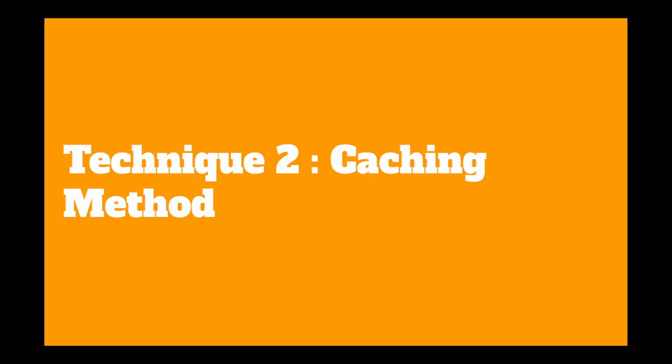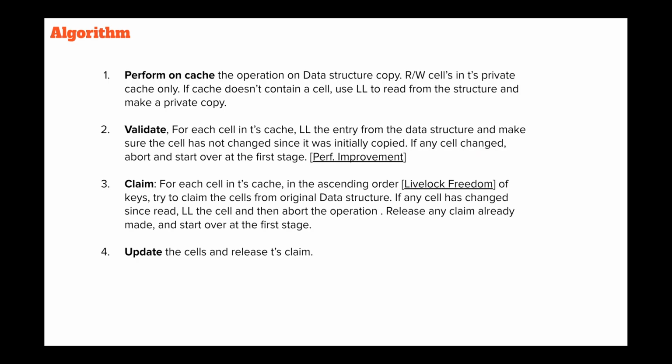So the second technique that we are going to discuss here is the caching method. Essentially this has 4 steps. The first one is performing on the cache. If we have a shared data structure, say a linked list, and we want to modify some node, then what we will do is modify a set of nodes.